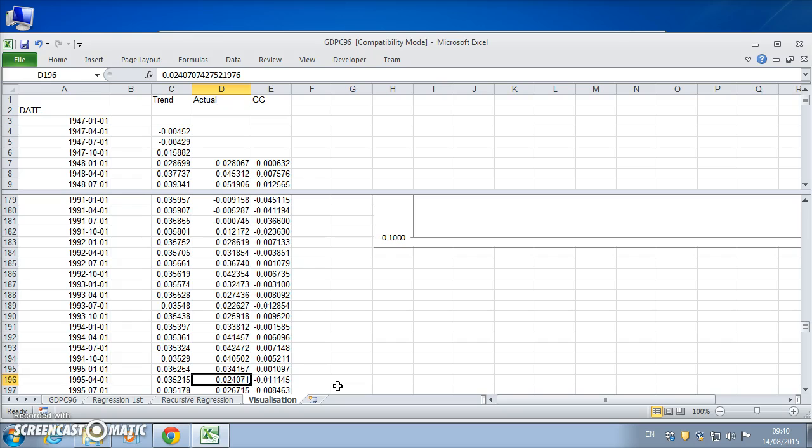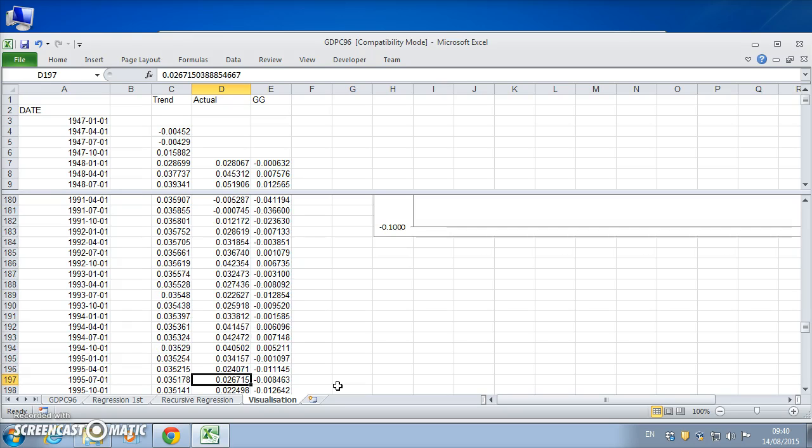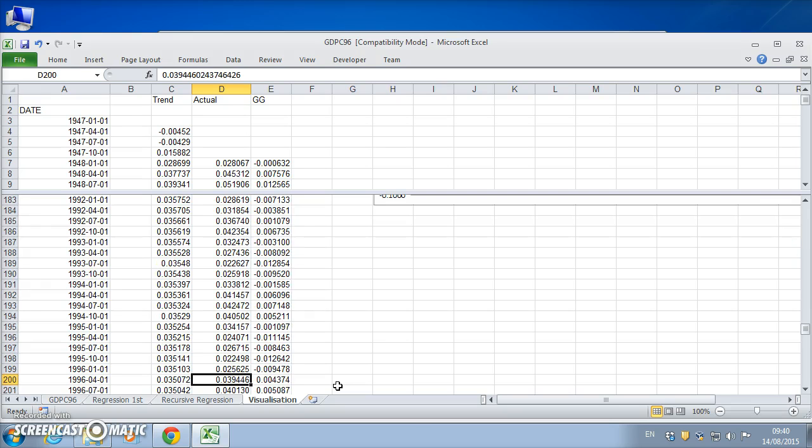And mid 1990s down to 2, so the growth gap would have been negative. And then in 1996 it picked up to 4%, so very buoyant economic activity in the late 1990s.